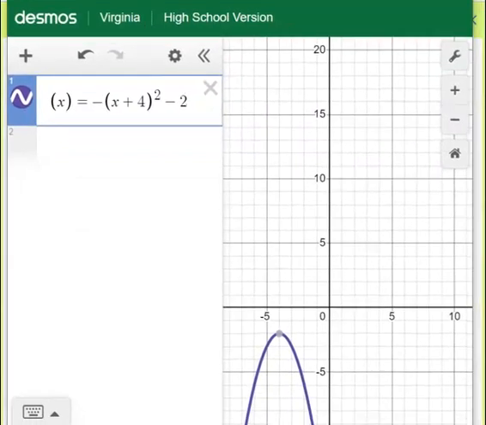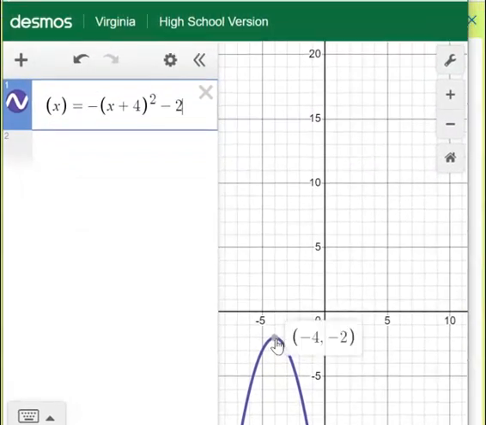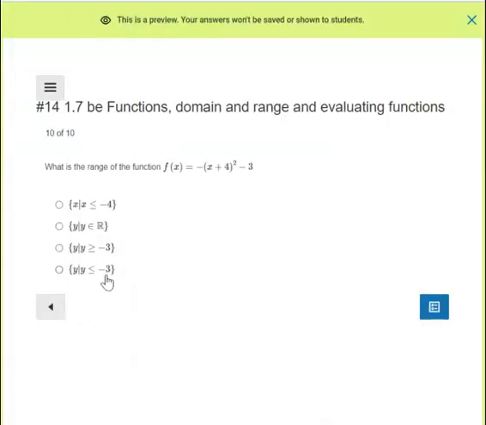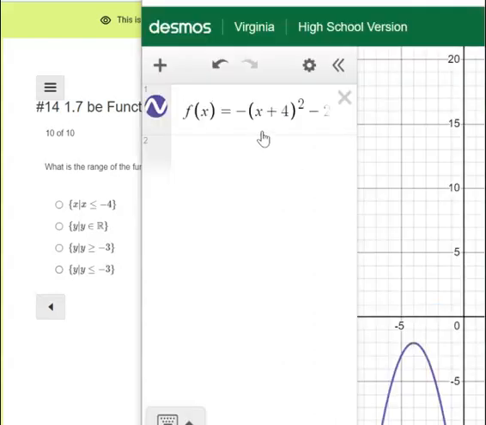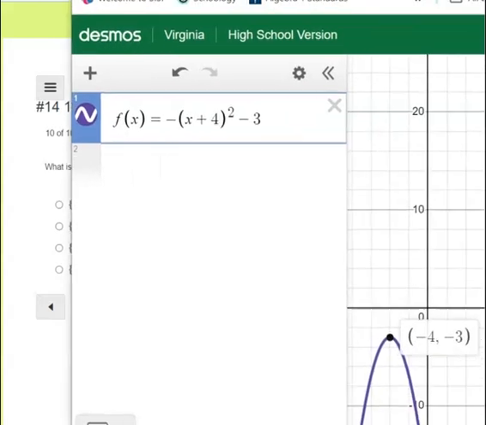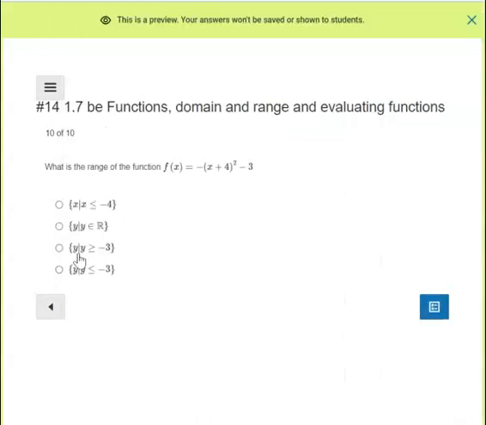So if I look at the graph here, the range, it looks like on the y-axis it's at negative 2. So y less than negative 2. What is it, 3? Whoops, my bad. Negative 3. Y less than negative 3. There you go. That's that.